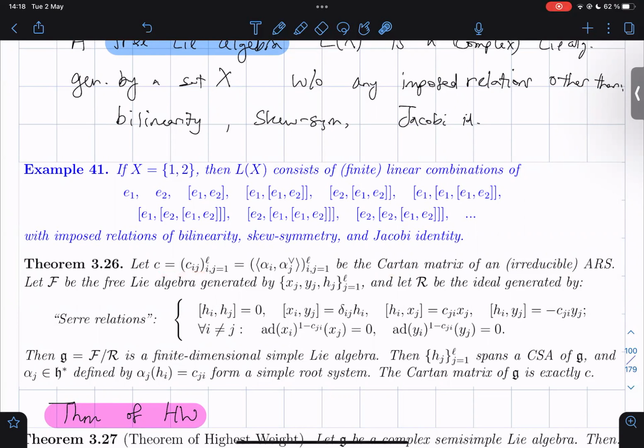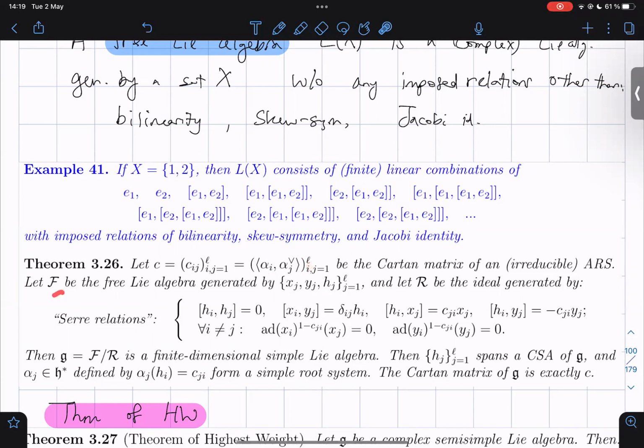Suppose you have one of these, then take the free Lie algebra generated by the following elements: X, H, and Y. You have L of those triples. These are going to be the SL2 triples associated with some simple roots, and there's l simple roots.